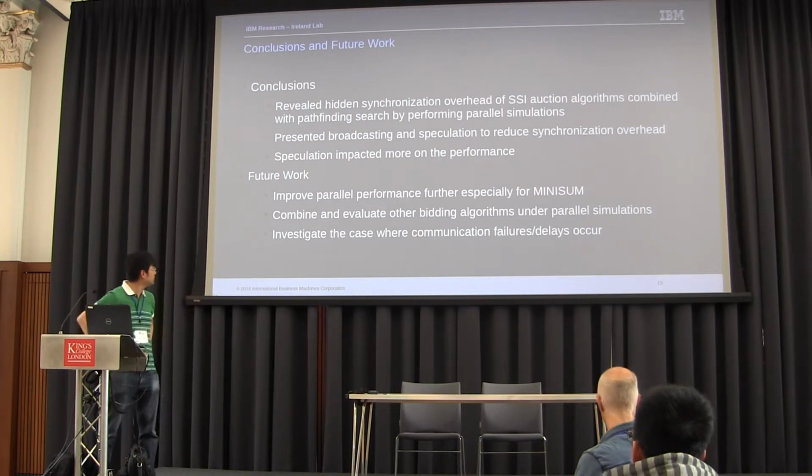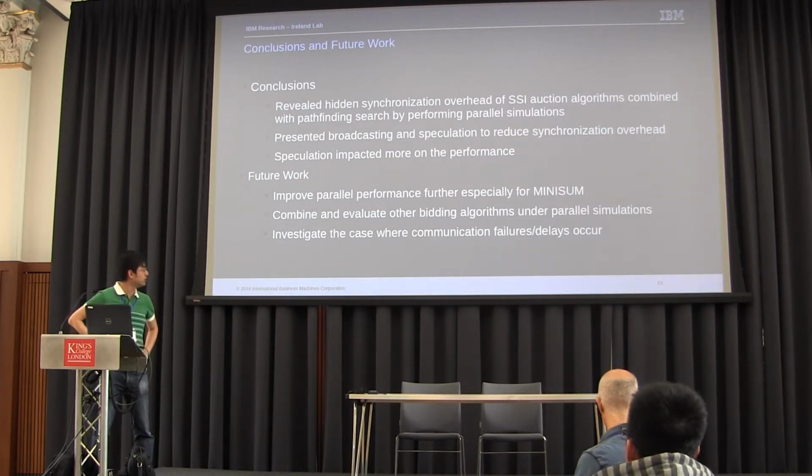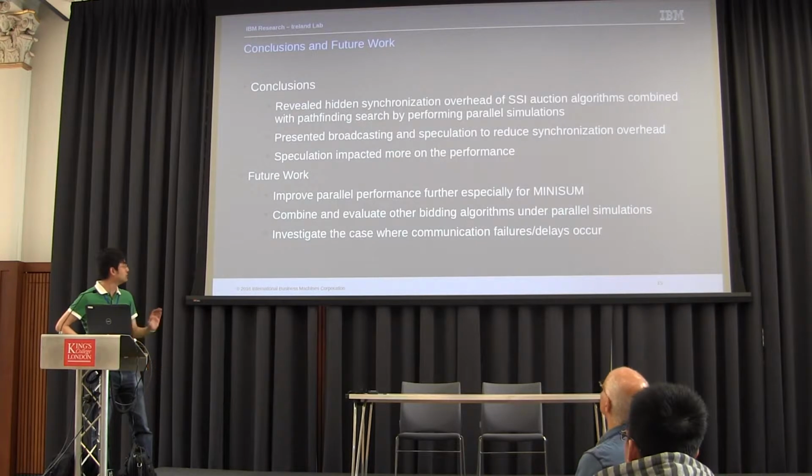And of course, there are cases where communication fails, and communication failure may occur when we use robots, and we want to investigate this kind of scenario. Okay, that's all I have to say. Thank you very much.